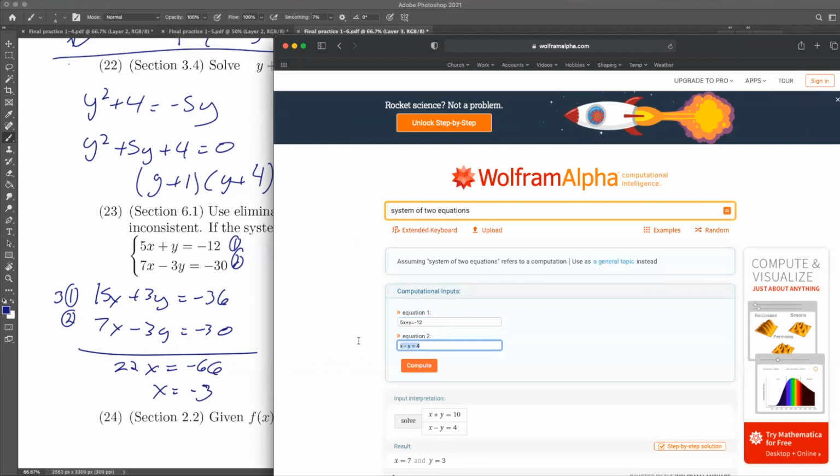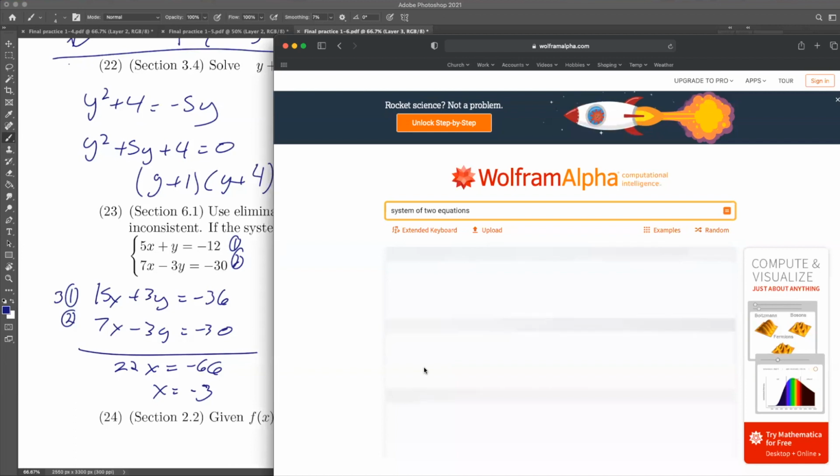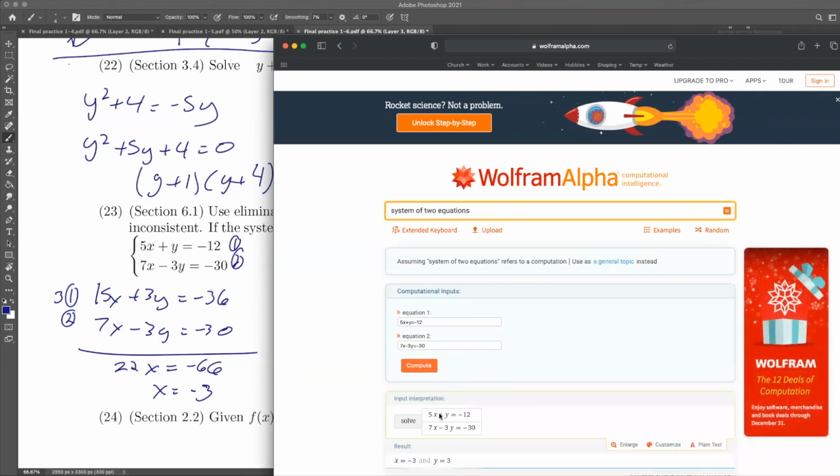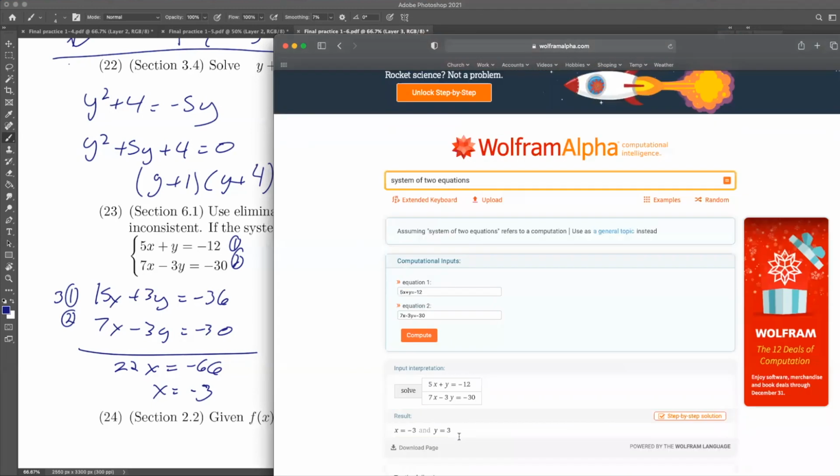Our second equation here is 7x minus 3y equals -30. Compute button. And we wait. So we get -3 and 3, right? And that's the answer we got.